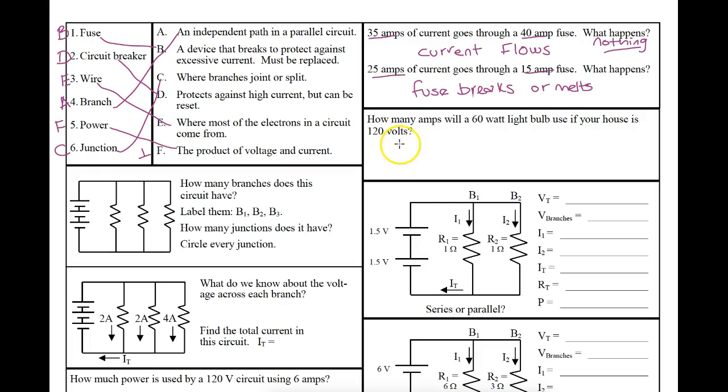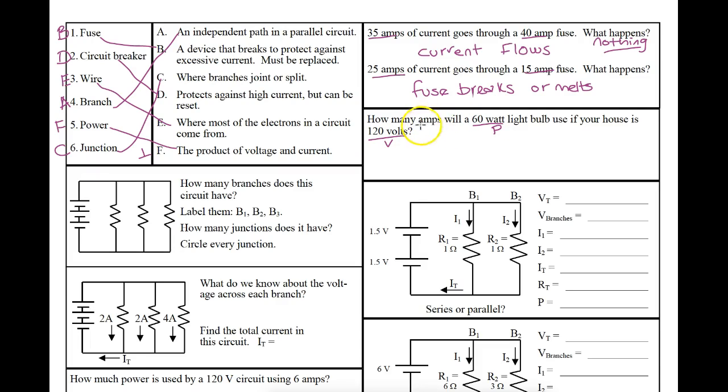And now they're going to ask us, this is a word problem, so we're going to underline any numbers we see and then the unit after it. So this is 60 watt, which indicates power, and 120 volts indicates voltage.